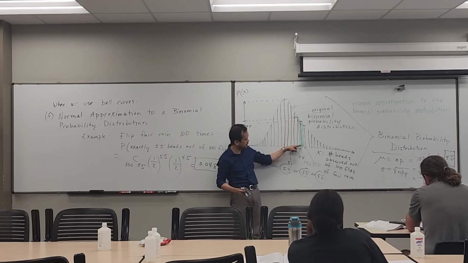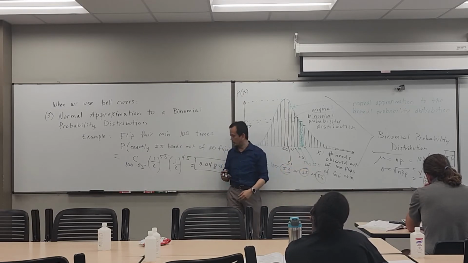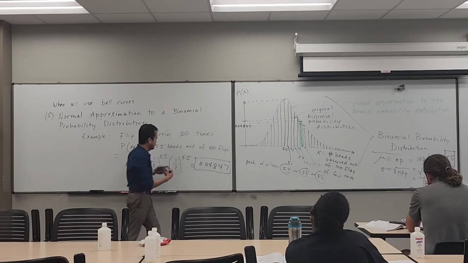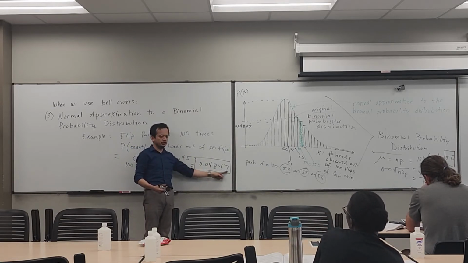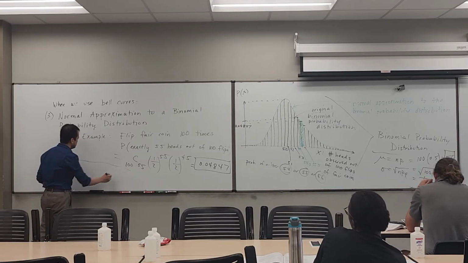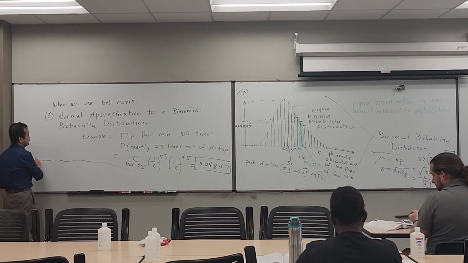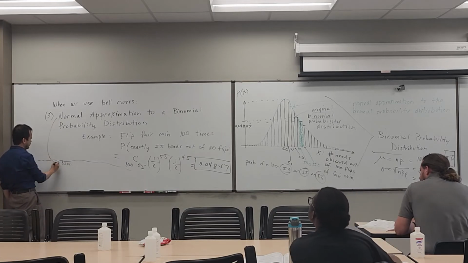So we're going to find the area under the bell curve between 54.5 and 55.5. And we're going to get an answer that is very close, if not exact, to this answer. So let's try that. So the second approach is the normal approximation.